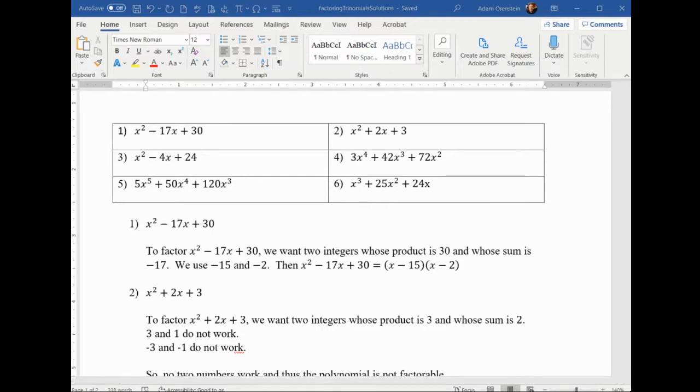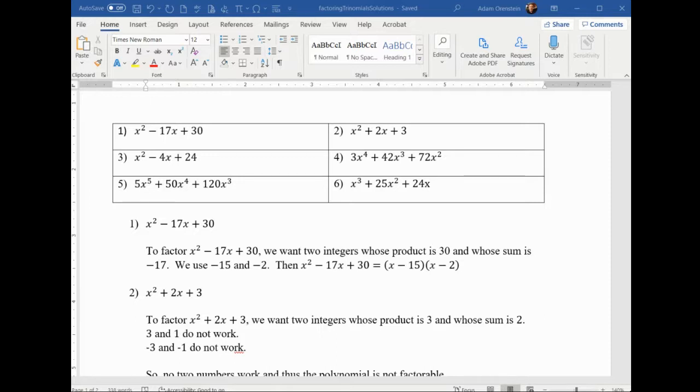So what we want then are two numbers whose product is 30 and whose sum is negative 17. And as you can see here, negative 15 and negative 2 are going to work.